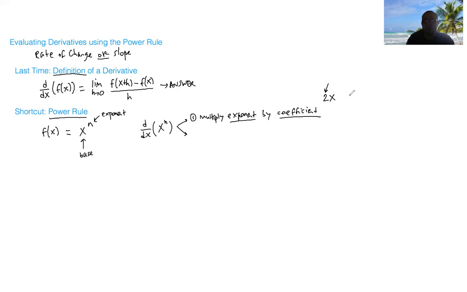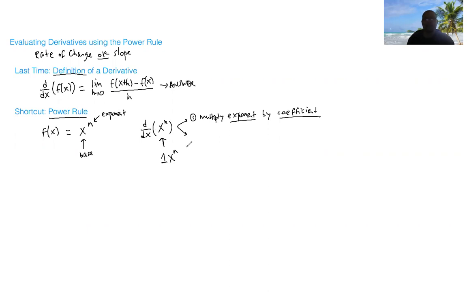Similarly, if I gave you 5x squared, 5 is your coefficient. If I gave you 7x to the third, 7 is your coefficient, okay? And so, in this case, your function x to the n is the same thing as saying 1x to the n, but the 1 isn't there because it doesn't need to be. So 1 is your coefficient.